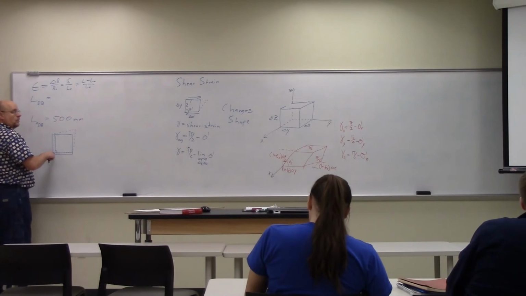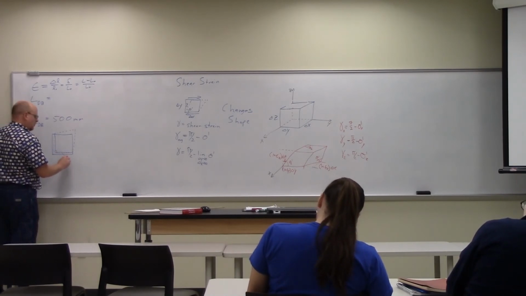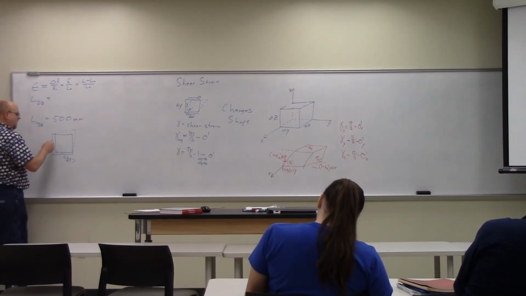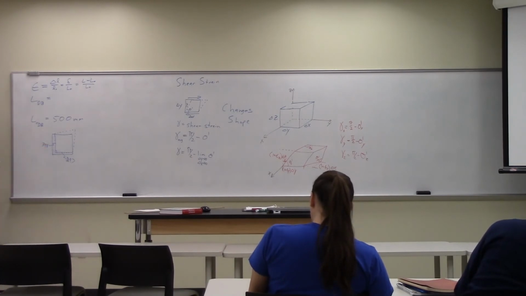So now I've moved in by 3 millimeters, so this one is 297. So I moved in 3 millimeters on that side. And this side is 398, because I moved 2 millimeters up.